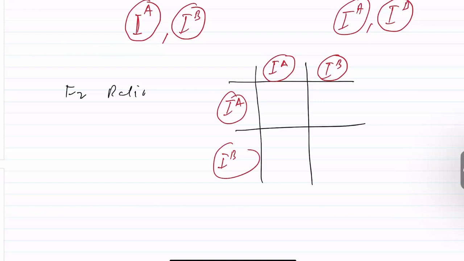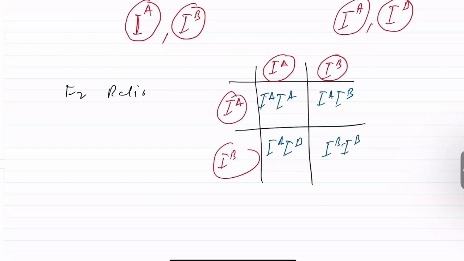So the possible offspring produced will be IAIA here, IAIB here, and IAIB here, and this will be IBIB. Got it?